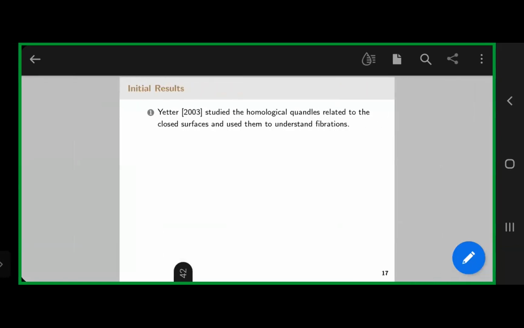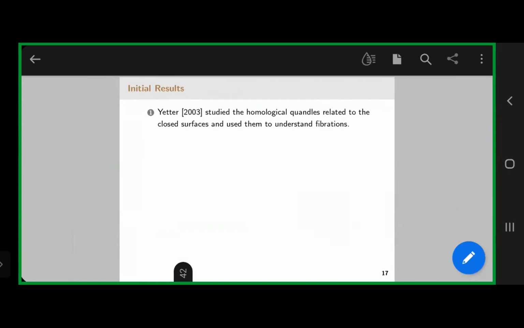Okay. So till now the definition; what are the initial results we have in this direction? Yetter, in 2000, studied this quandle structure, homological quandles especially, to understand the fibration of the surfaces.